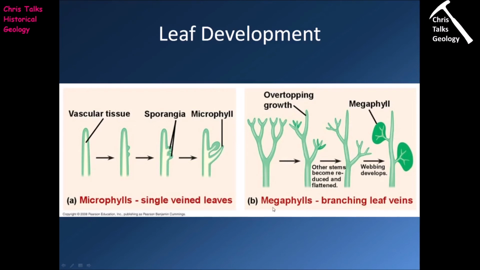Now let's compare that to megaphylls. These are branched leaves. So here's the model for this particular setup. Here's our plant, and you can see you have the main stem and you have multiple branches coming off. Over time, the spaces in between these small branches are going to develop very thin, flat layers of cells, which are going to fill in the space.